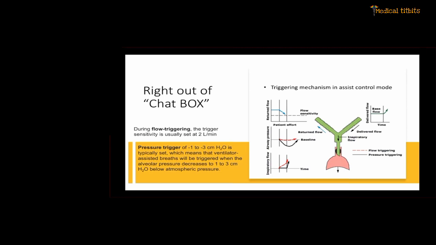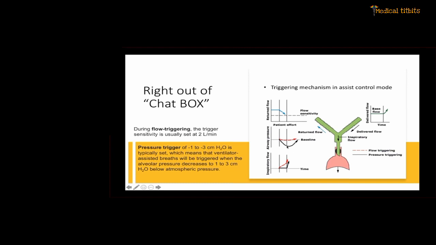Triggering mechanism in assist control mode, quick revision. There are two kinds of triggers: flow sensor trigger or pressure trigger. There is a continuous flow delivered from the machine, and the machine will check for return flow. When the patient tries to attempt a spontaneous breath, the return flow reduces. To compensate for that, the machine will sense, the bias flow gradually increases, and then the machine proceeds to give an assisted breath.